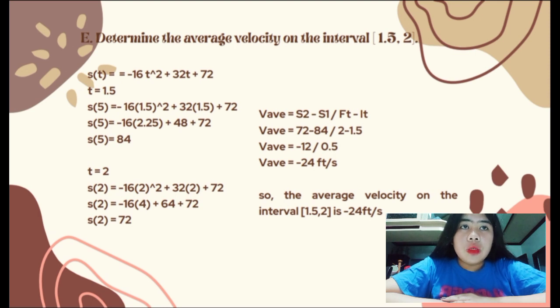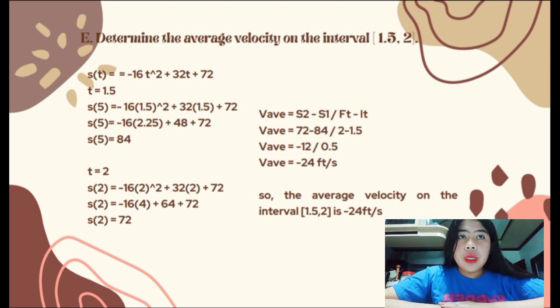So negative 16 times 1.5 squared plus 32 times 1.5 plus 72 is equal to negative 16 times 2.25 plus 48 plus 72, is equal to 84. While t is equal to 2: negative 16 times 2 squared plus 32 times 2 plus 72 is equal to negative 16 times 4 plus 64 plus 72, is equal to 72.